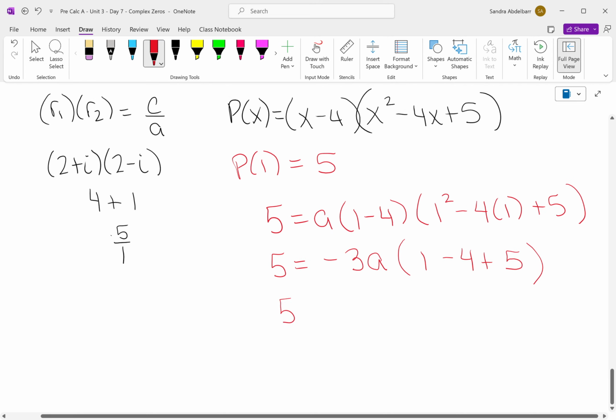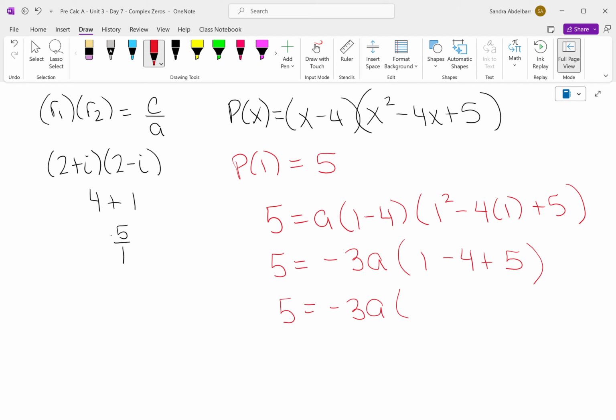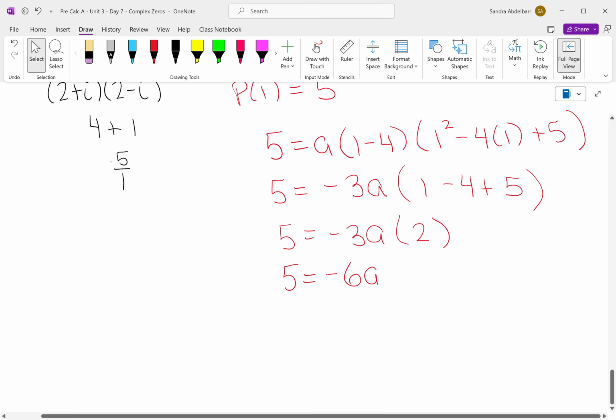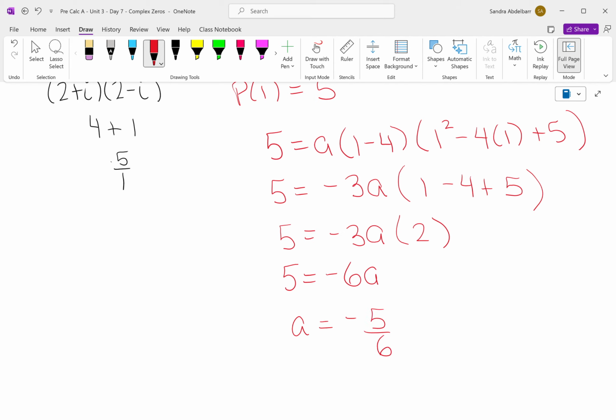So then we'll have negative 3 plus 5, so 5 is equal to negative 3a times 1 plus 1 is 2. So then 5 is equal to negative 6a. And when we solve for a, we will get a is equal to negative 5 over 6.